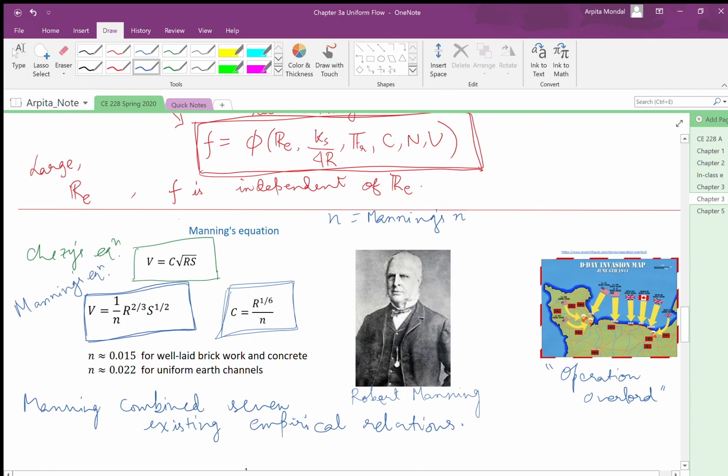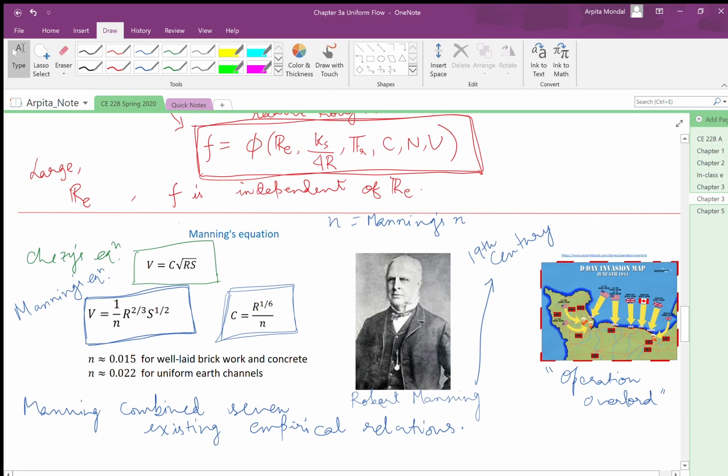Now remember, Manning's work came about 100 years after Chezy's work, in the 19th century, whereas Chezy's work was in the late 18th century.